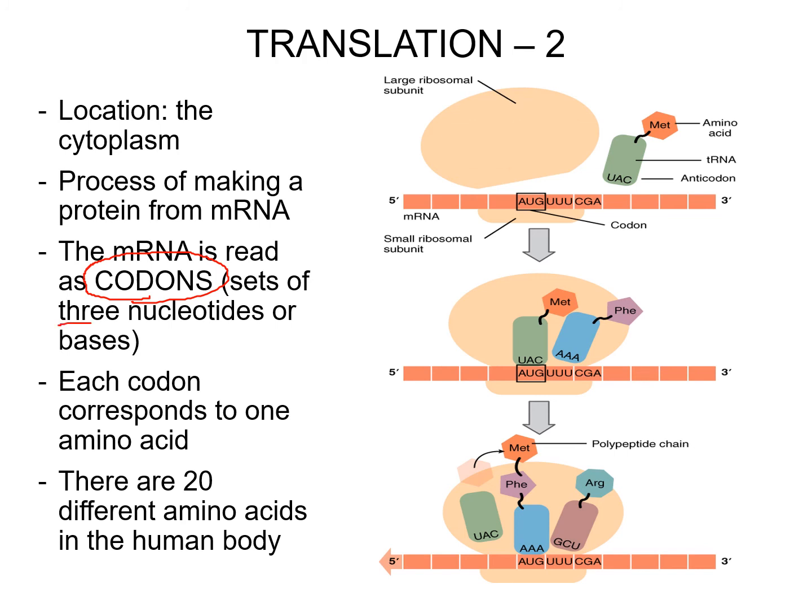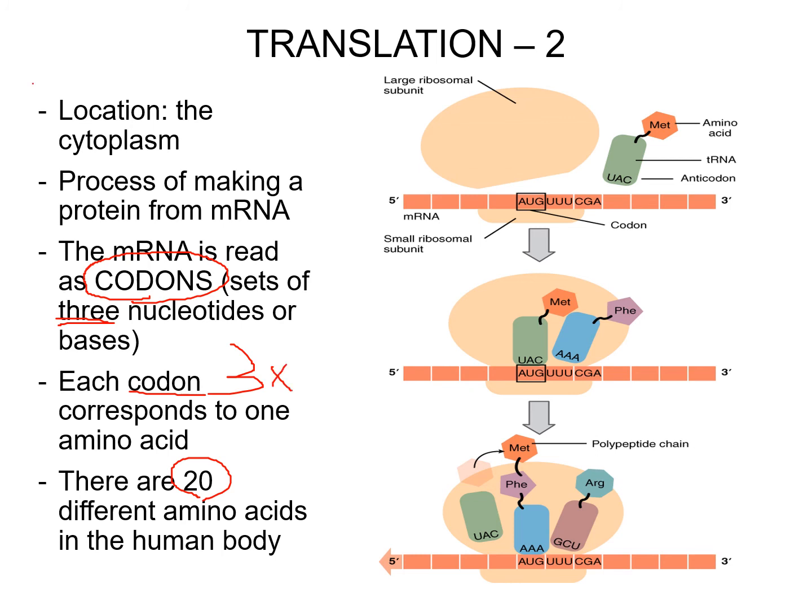So everything is going to be in sets of 3 regarding the nucleotides, the messenger RNA, the amino acids. So remember that we have 20 different amino acids in the human body. Each codon, or each triplet, corresponds to 1 amino acid.